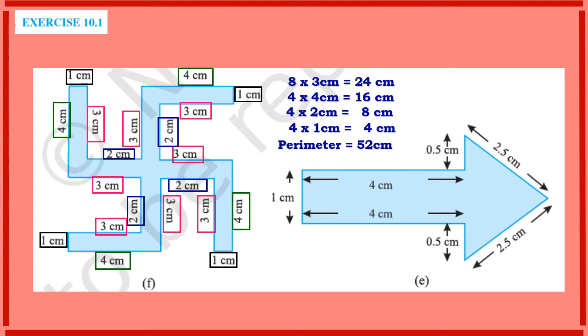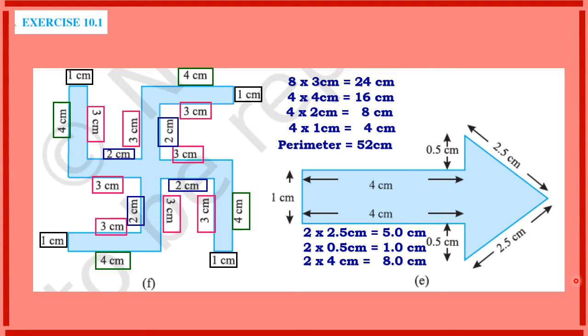Now in the second figure also there are 2.5, 2.5, 0.5, 0.5, 4, 4. They are all 2, 2 are there. So first let me add 2.5 into 2. 2.5 are there, no? So 5 centimeter. Then 0.5 are there, 2 lengths of 0.5, so that I will add as 1.